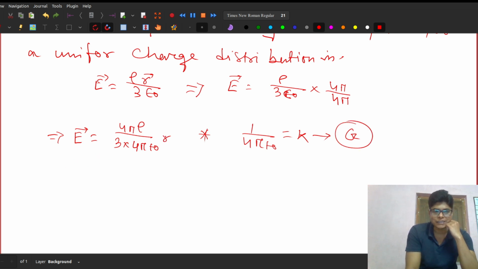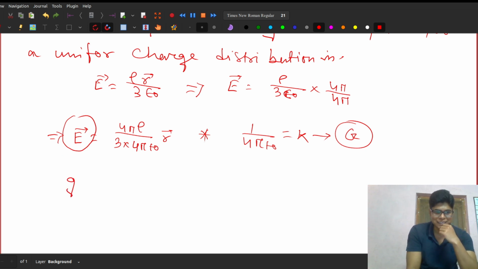And what is E? E is the force per unit charge. So if I replace 1 by 4 pi epsilon naught by G, I can make it acceleration due to gravity, that is basically force per unit mass, that can be called acceleration.